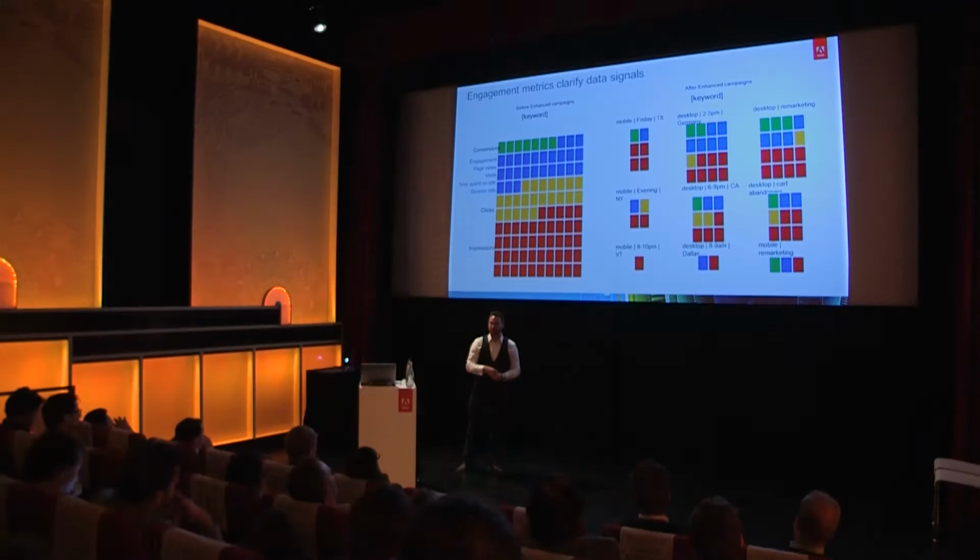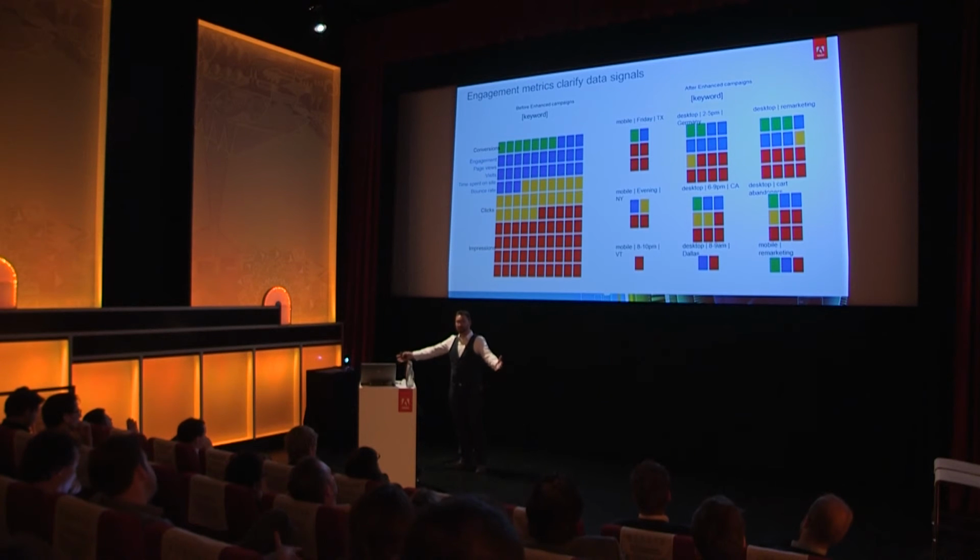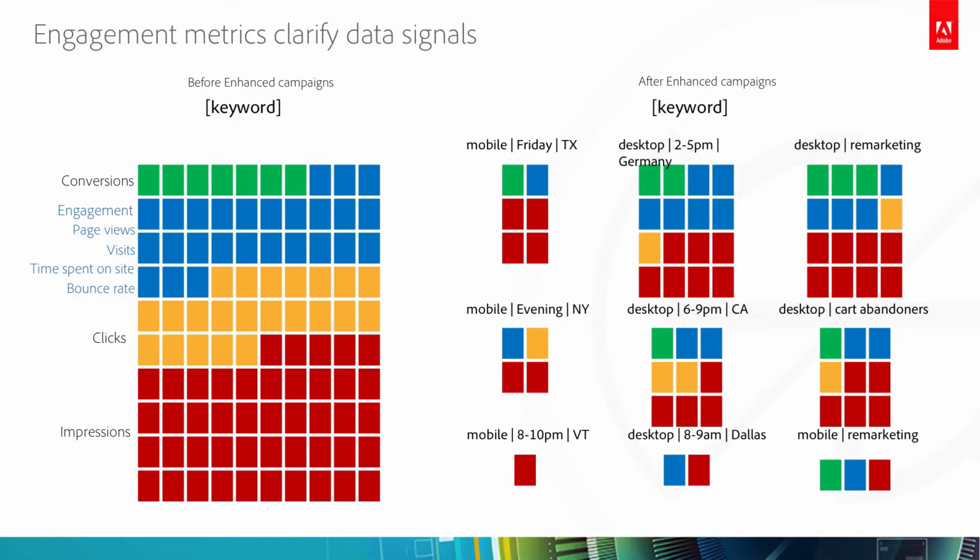And so we need to fall back to the E in RACE of engagement, where we're able to say, okay, even though the data felt sparse, now when I fall back from converting, whether that's revenue or leads or orders or whatever, and I look at all the other signals of value that I have before that, now I can make decisions on whether I should invest or whether I should pull back.